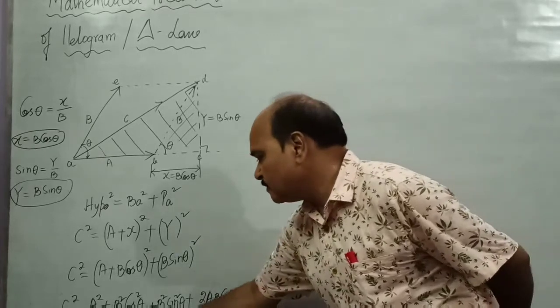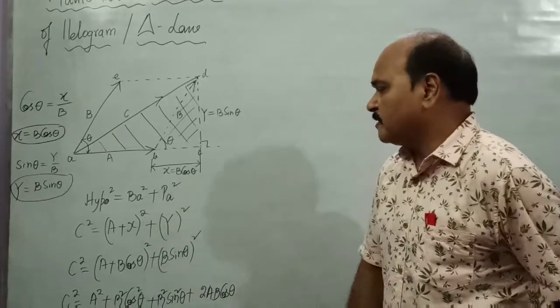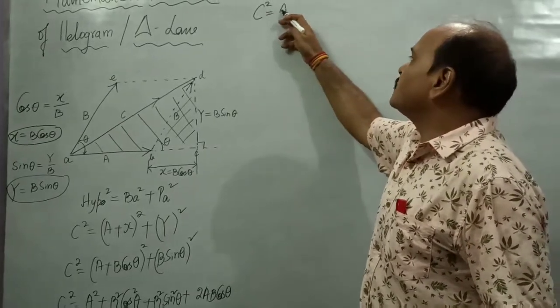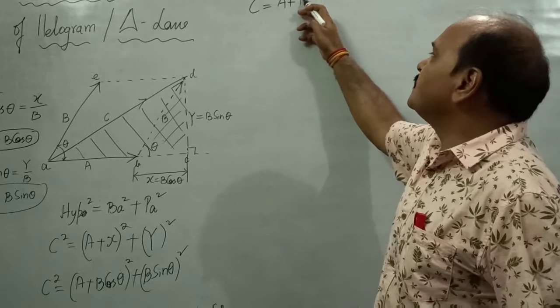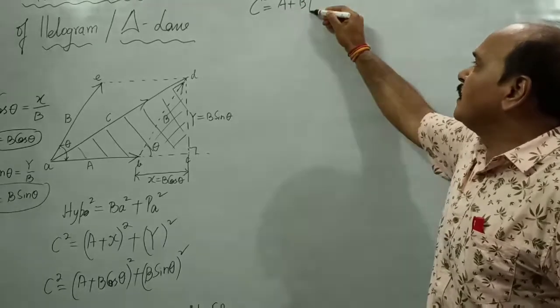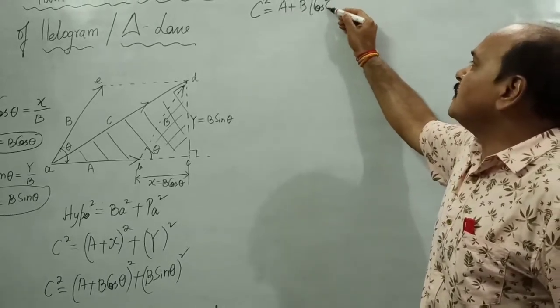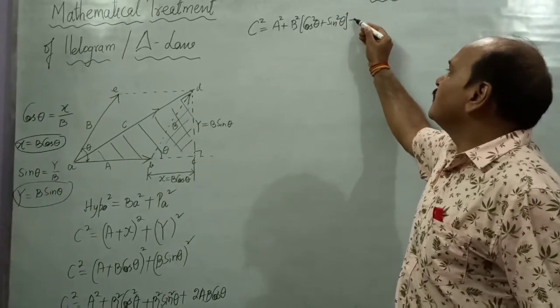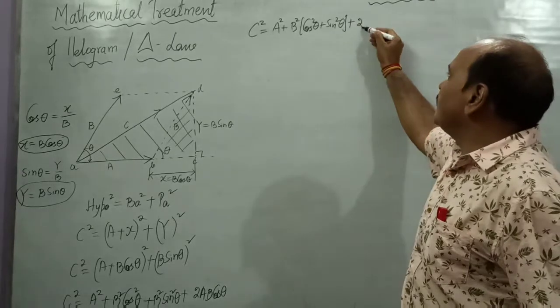Now from these two terms, we can take B square as common. So what do we get for c square? We get c square as A square plus B square in the bracket cos square theta plus sin square theta, and the last term is 2AB cos theta.